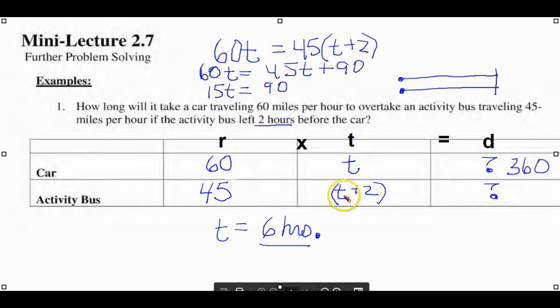And this would be 8 times 45, which is 360. So this distance here is 360. Now, they're not asking us for that. In another problem, perhaps they might. But again, a diagram, they're going to meet together. The distances are the same. Rate times time is distance, and we equal them to each other.